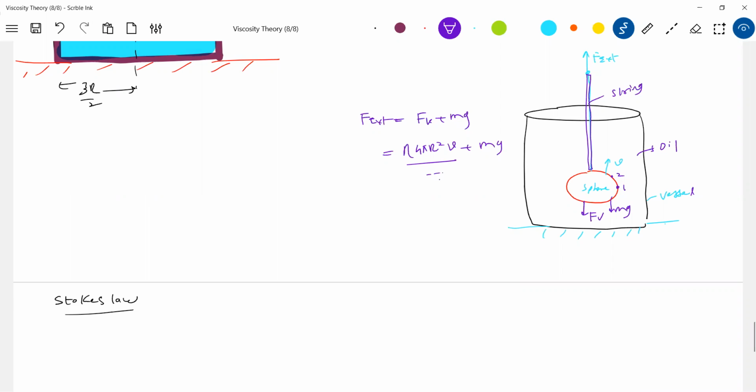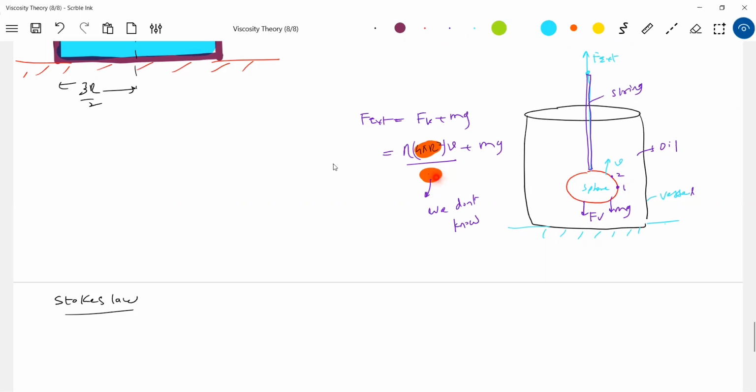So it's like this. Different shaped objects, when you drag them through a viscous liquid, what is the biggest headache for you? Sometimes the area you cannot find out, sometimes this will be problematic, and the next, we don't know this. Able to understand?